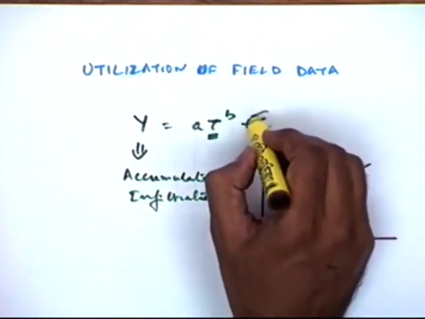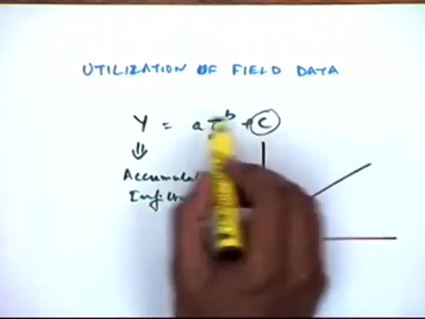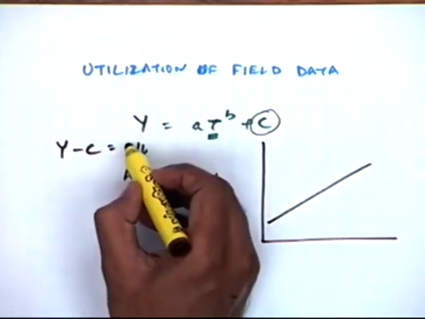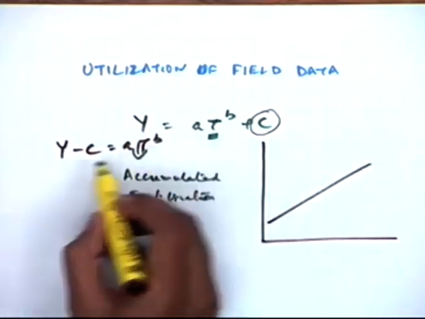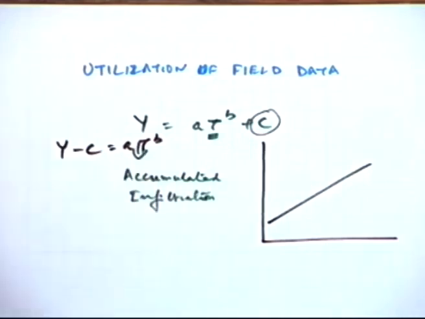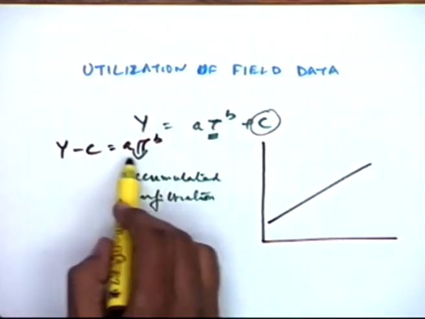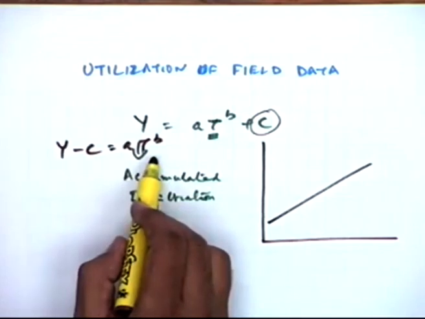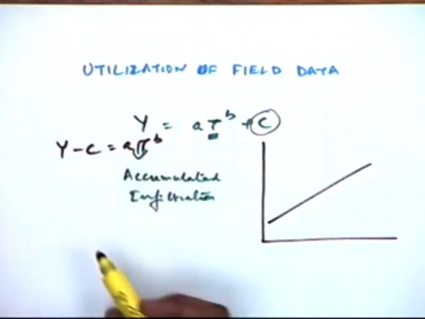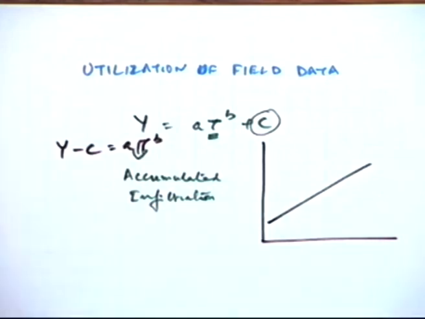So in that case, C can be evaluated in such a way. You can have a relationship between Y minus C versus AT to the power B. So this will plot as a straight line. So the C can be evaluated and that can be incorporated.